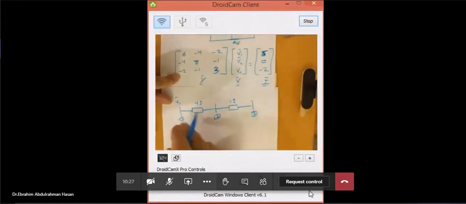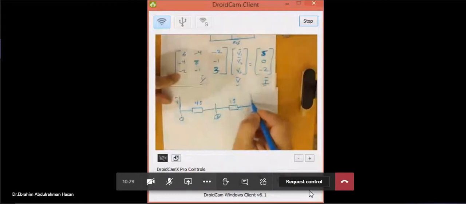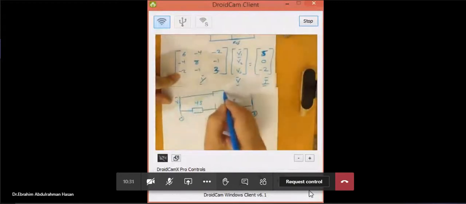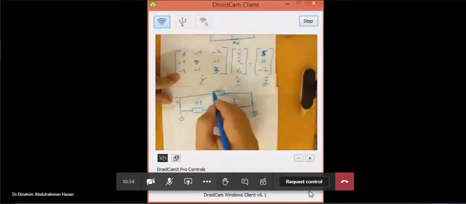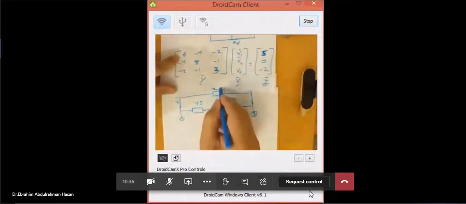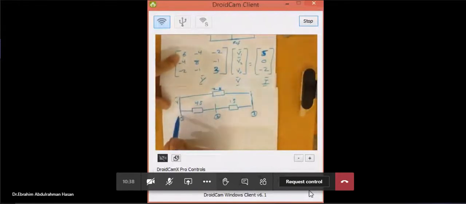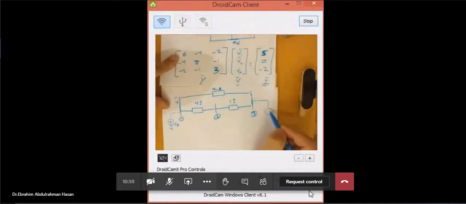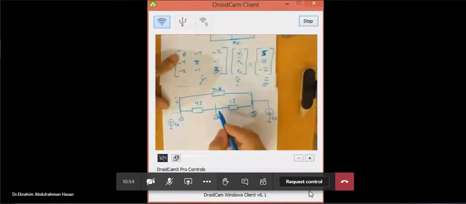And bus number 1 is also connected to bus number 3 through a line with admittance equal to 2. This bus is connected to a generator with 5 ampere. This bus is also connected to a generator with 2 ampere. And bus number 2 is connected to the ground through admittance equal to 3 siemens.